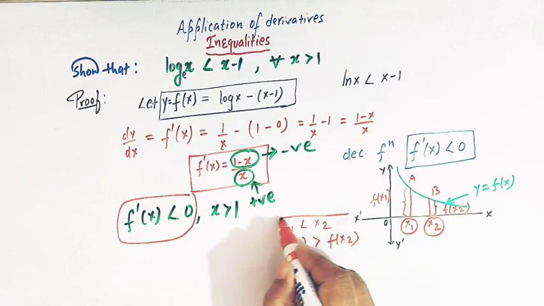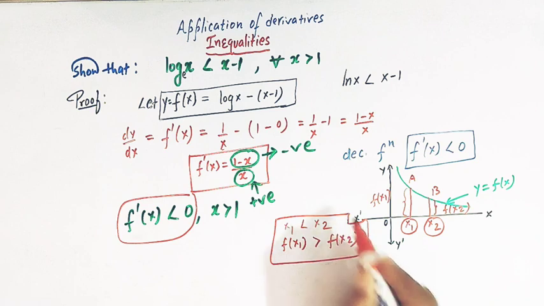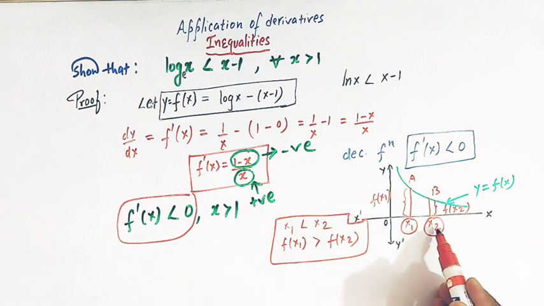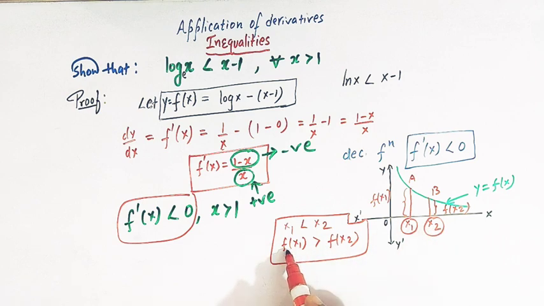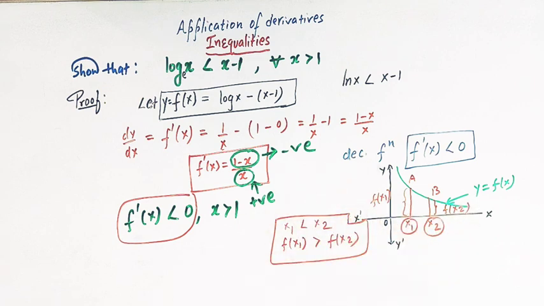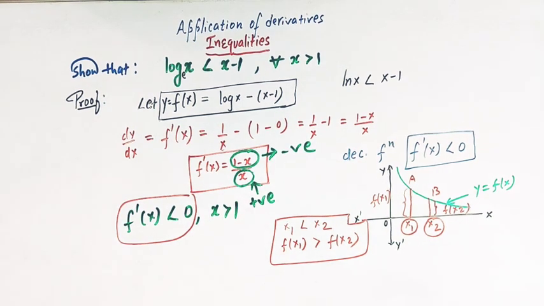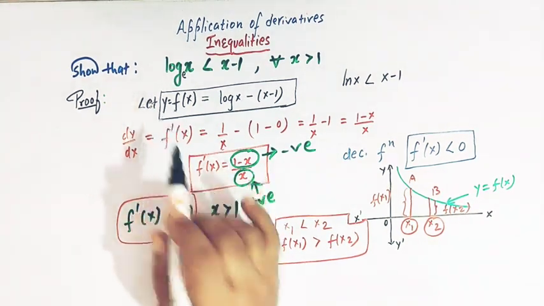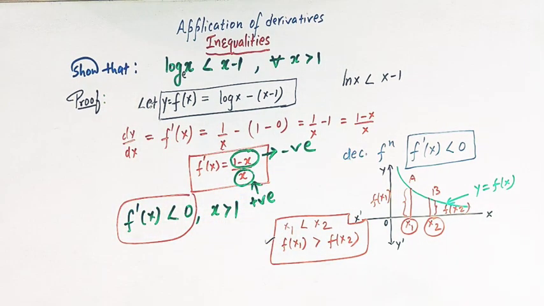So this is the important characteristic of a decreasing function. When x1 is less than x2, then f of x1 is greater than f of x2. This property is utilized in most of the problems. So in this problem also we'll utilize this concept, right?